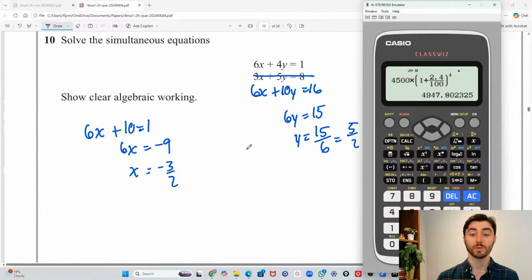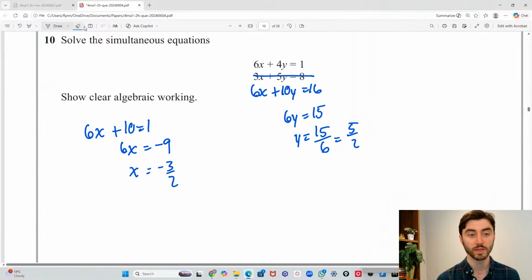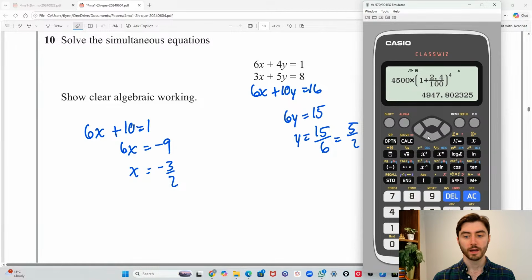Solve these simultaneous equations. This should be easy. We just plug them back into both equations and show that they work. So here, if I say 6 lots of minus 3 over 2 plus 4 lots of 5 over 2, that gets me 1, which is good.